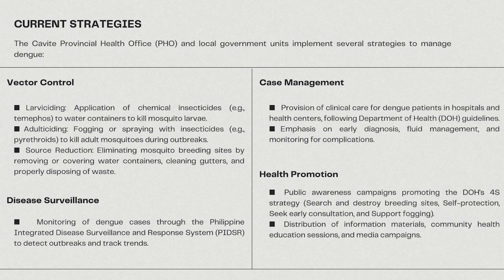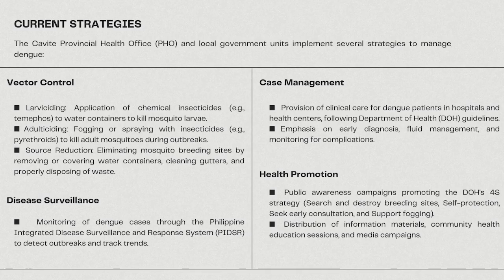Next is disease surveillance, monitoring of dengue cases through the Philippine Integrated Disease Surveillance and Response System to detect outbreaks and track trends. For case management, provision of clinical care for dengue patients in hospitals and health centers following Department of Health guidelines, with emphasis on early diagnosis, fluid management, and monitoring for complications.